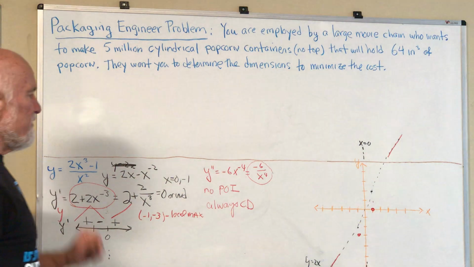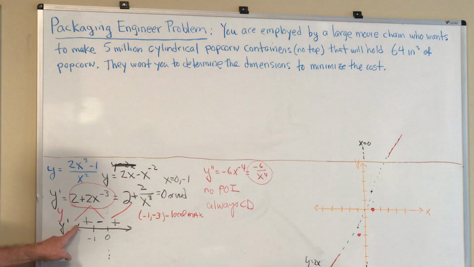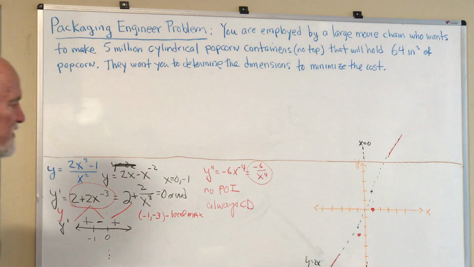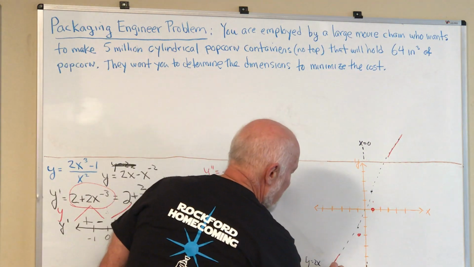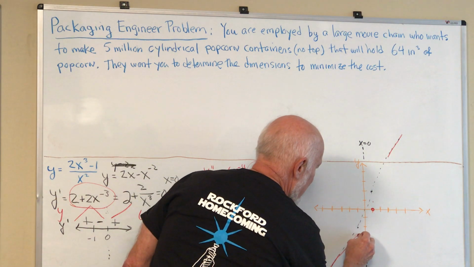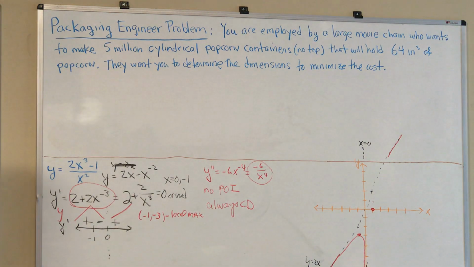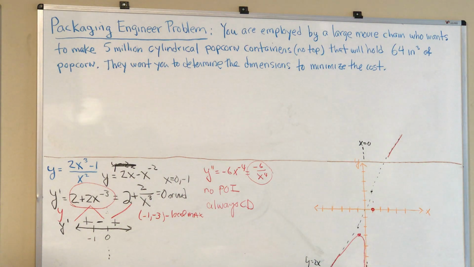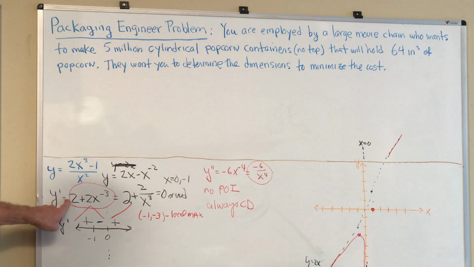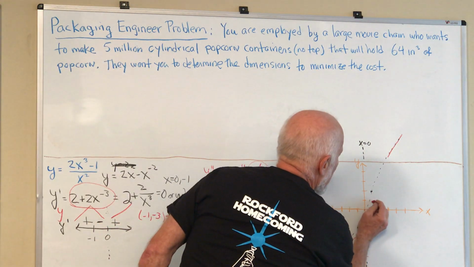Now I'm ready to graph. Well, in this first section, I'm going from increasing to decreasing, and I know that I'm always concave down. So I start at this asymptote, and I have a 0 derivative here, and I go concave down. And then on the other side, I think I really was at (1, 1), not at (0, 1). I think I was right the first time.